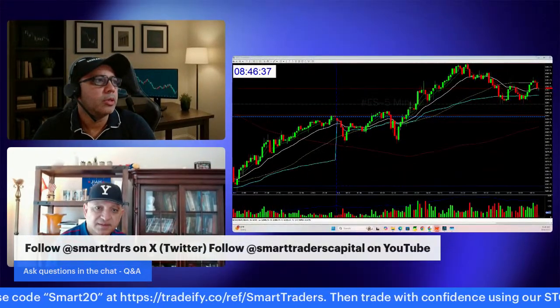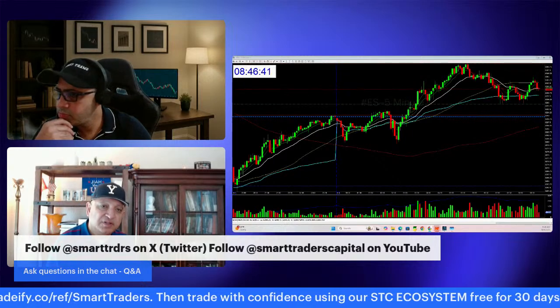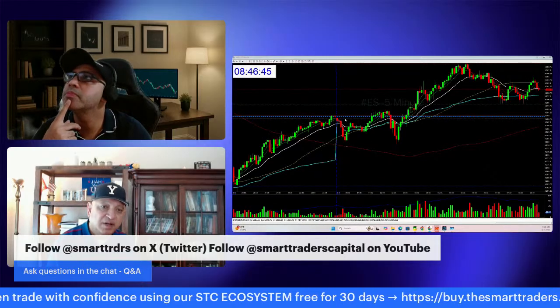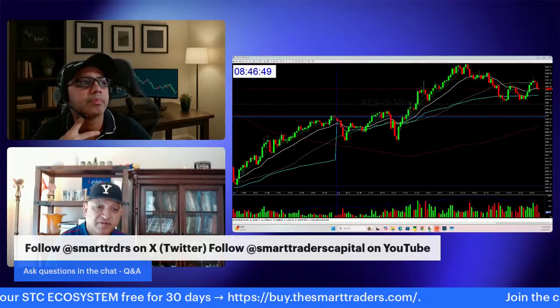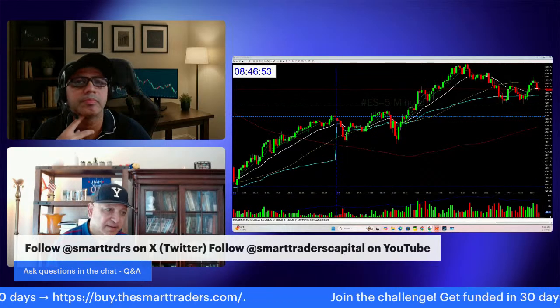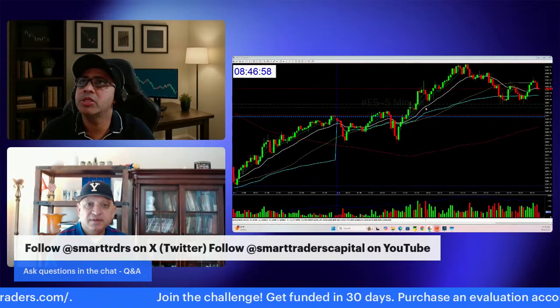It just kept going up. Of course, it's consolidating right now, but it hasn't dipped a lot. It's almost 50 points in ES, which is quite a bit. Yeah. And it is making a very tight range.